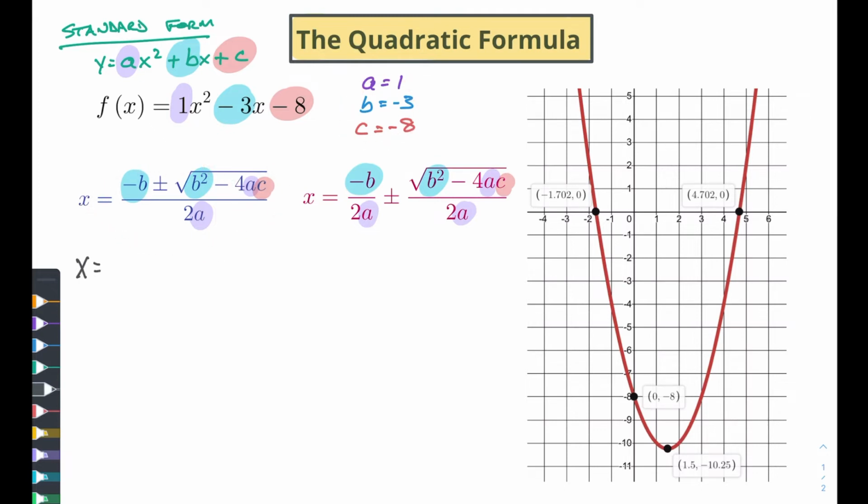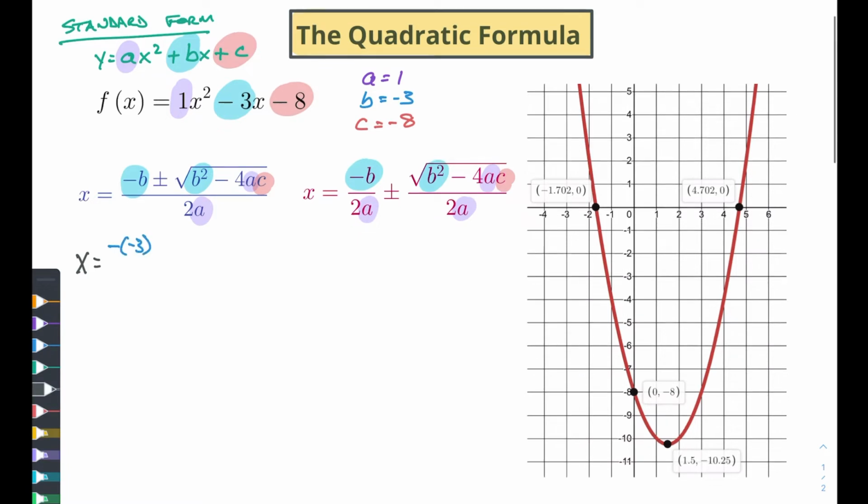x equals negative b. So we're going to have a negative b, which means a -3, plus or minus the square root of b squared, -3 squared, minus 4 times a, 1, times c, -8. All of that is over 2 times a, which is 1 again.